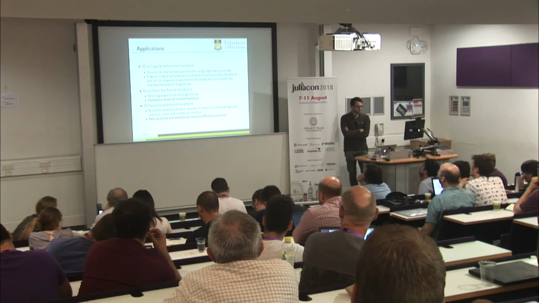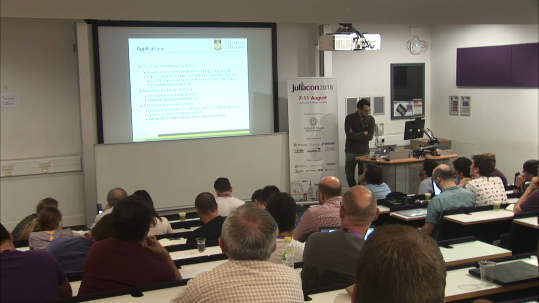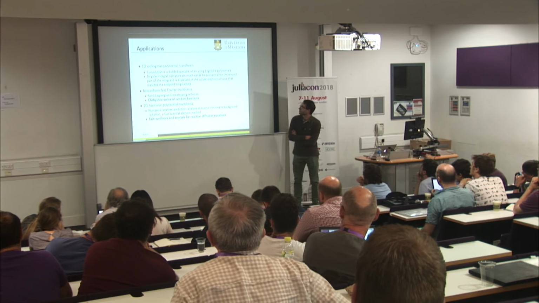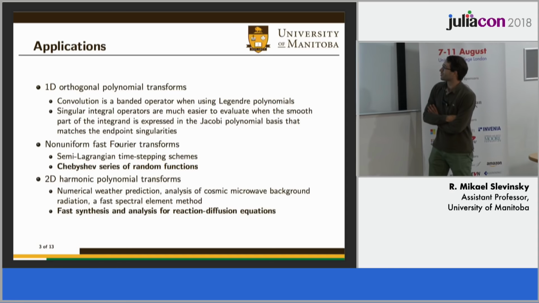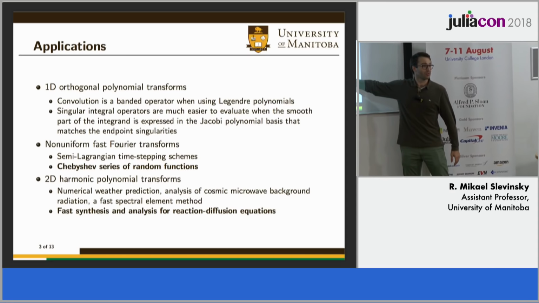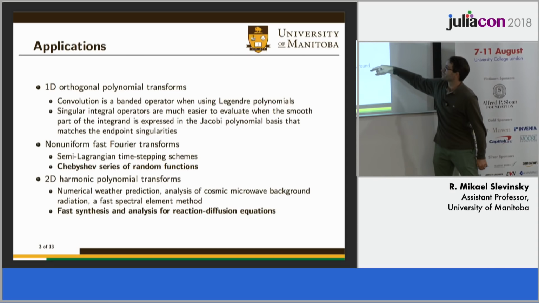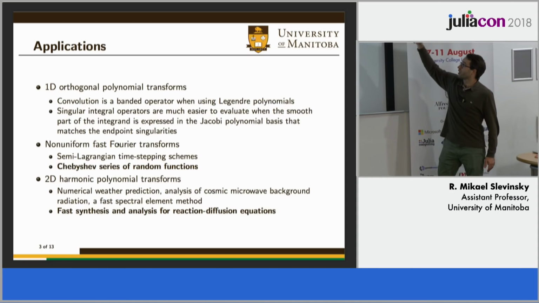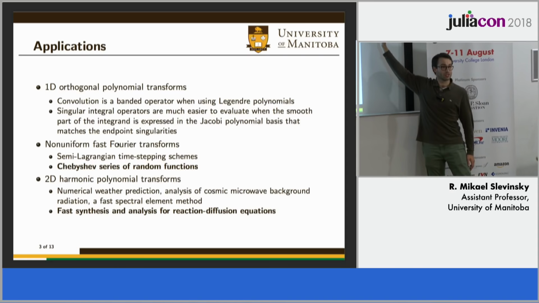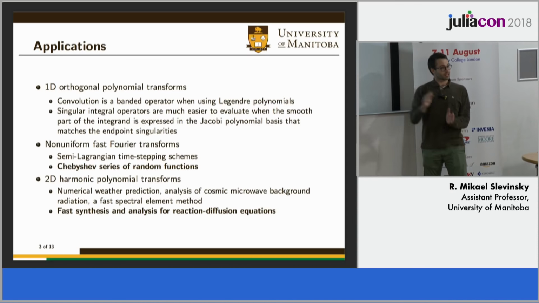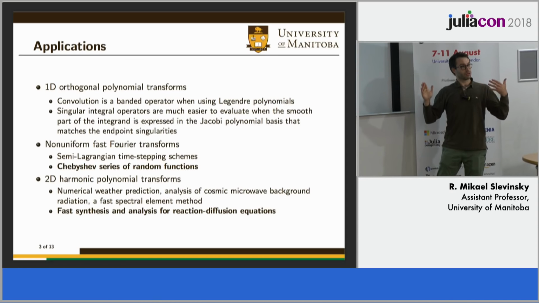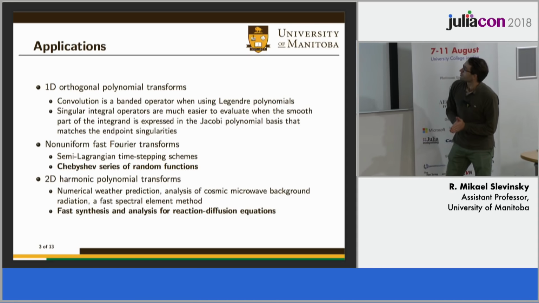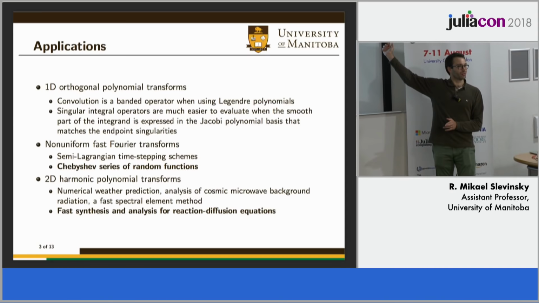Okay. So here's just a slide on sort of some of the applications that you can think of. They're all essentially mathematical, but the ones in bold are the ones that I'll show you some applications today. So 1D orthogonal polynomial transforms, they're useful because convolution of two polynomial series is actually a banded operator when you view convolving one with another when you use Legendre polynomials, right?